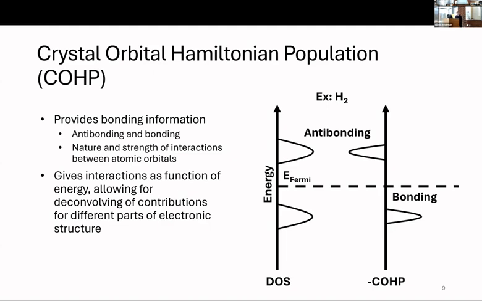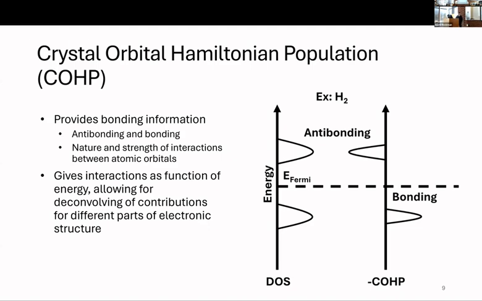What's nice about COHP is that we can get bonding information, such as determination of anti-bonding and bonding states. And you can also look at the nature and strength of the bonds between the atoms. One thing is it's not going to give you directly that it's an ionic, covalent, or metallic bond, but it can give you the nature of the covalent bond strength.